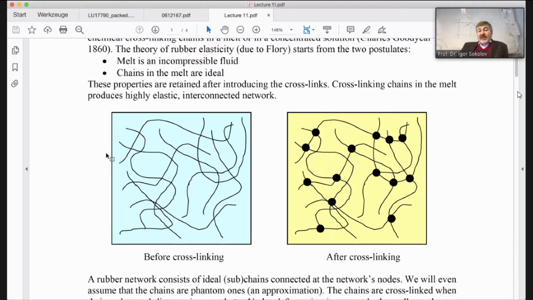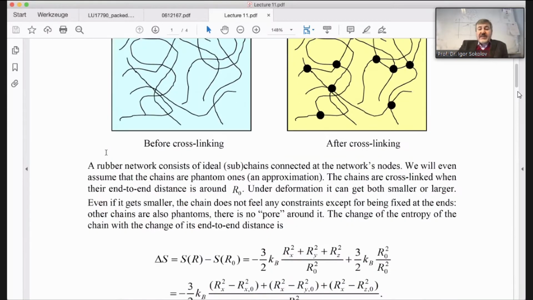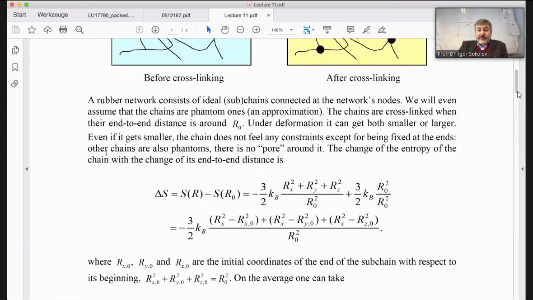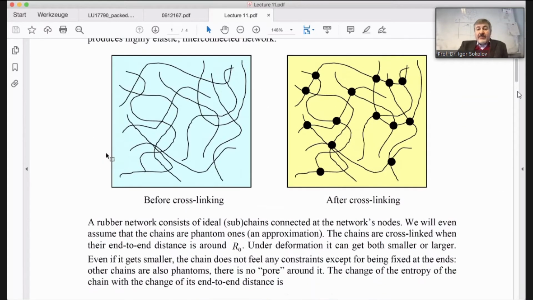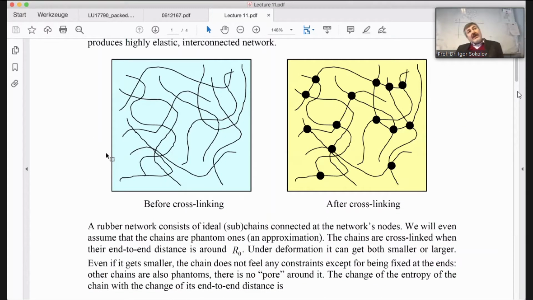So two postulates. I have an incompressible fluid made of ideal chains, and then the chains are cross-linked. And now let's have a look at what happens in the system. I make an assumption that the chains are Gaussian and they are phantom. I fully neglect the fact that now I'm considering the chain between two points.